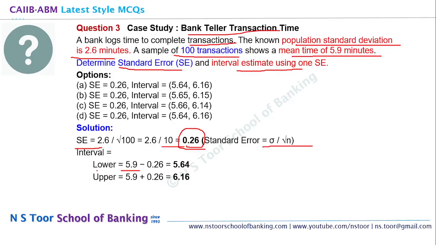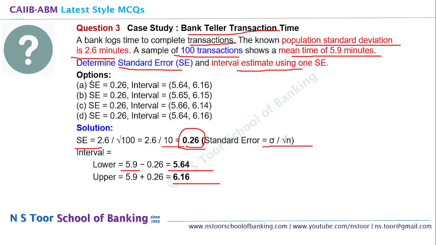Lower confidence interval, how can we calculate? It is 5.9 minus 0.26 is equal to 5.64, and 5.9 plus 0.26 is equal to 6.16. So these are the intervals.